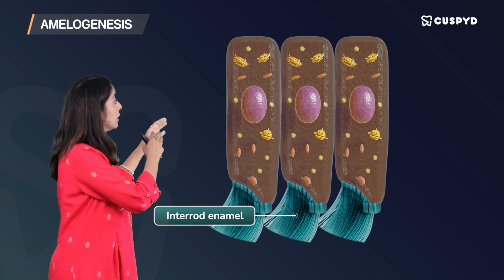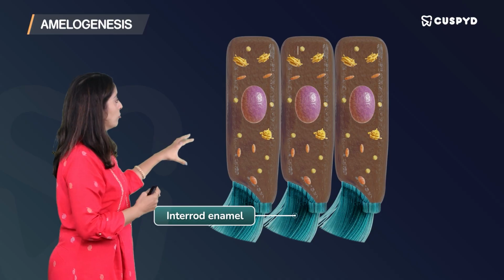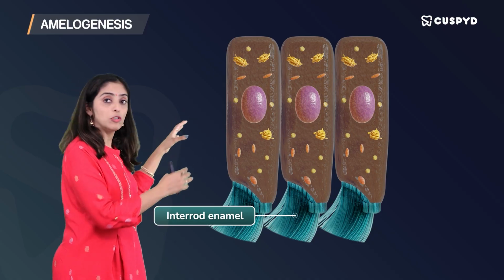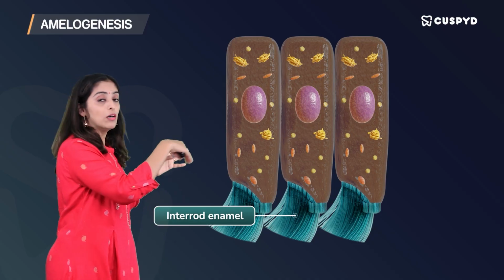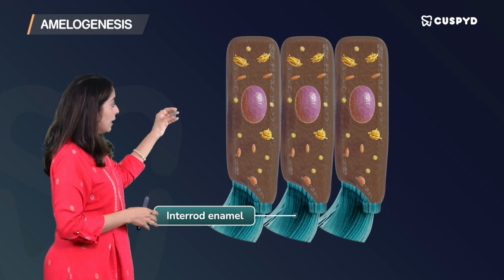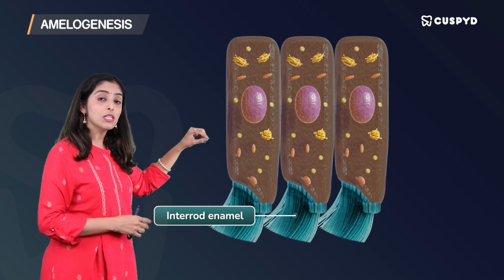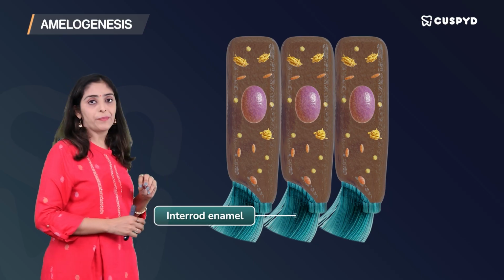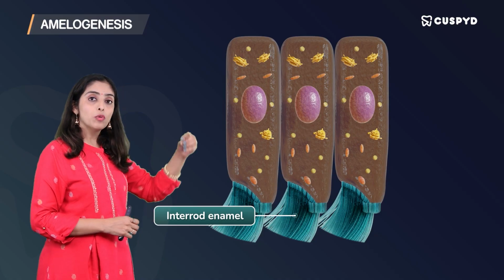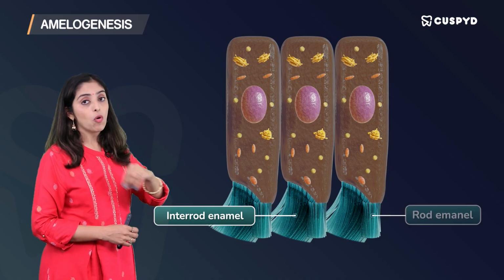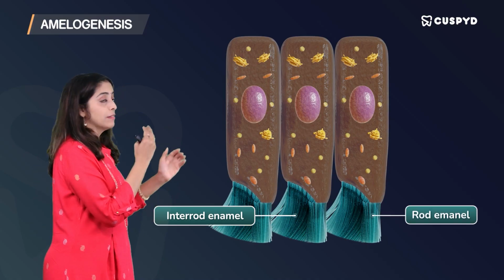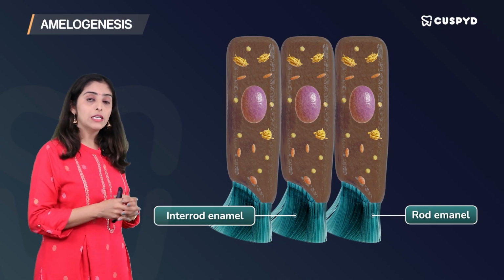So, you have the proximal process of this ameloblast, the proximal process of that ameloblast together forming a canal. Inside that canal, you will have the distal process of the Tomes entering, and the distal process will secrete the rod enamel inside that canal which is formed by interrod enamel.